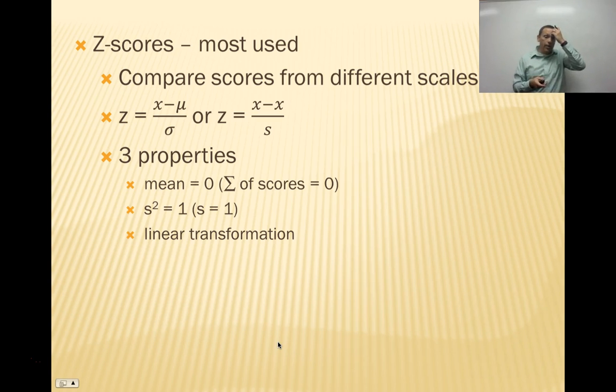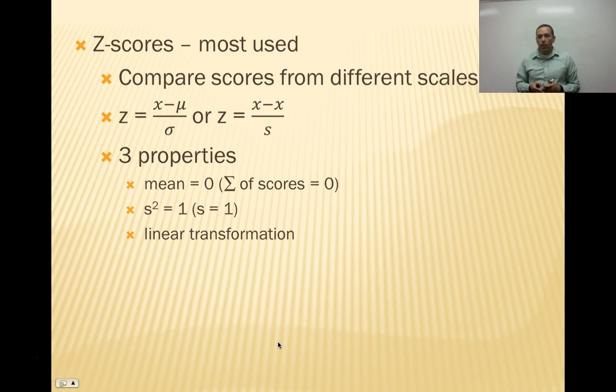The formula for the z on the left is for a population value, and the z on the right is for our sample. There's a typo here: it should say x minus x bar, which is the mean, over the standard deviation.